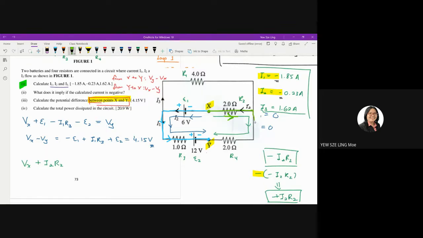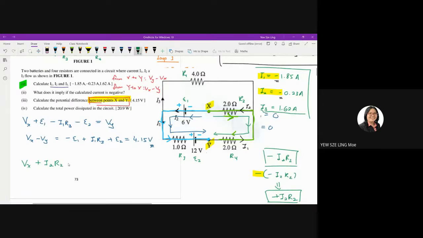I keep traveling. Again, when I pass through R4, once again my I1 is going to the right-hand side, but my chosen direction is going to the left. Left and right are opposite, against each other.